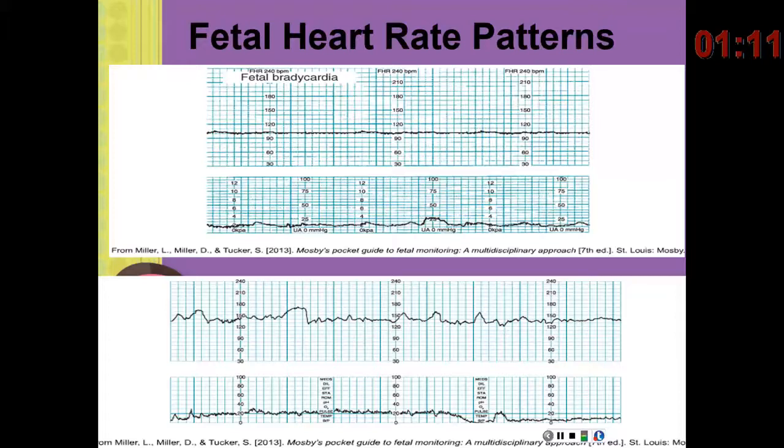Okay. So remember, to be a good acceleration, it has to go up by 15 beats per minute and last 15 seconds. So it has to be 15 by 15. It needs to go up 15 and last for 15. So that is an important thing to remember also.